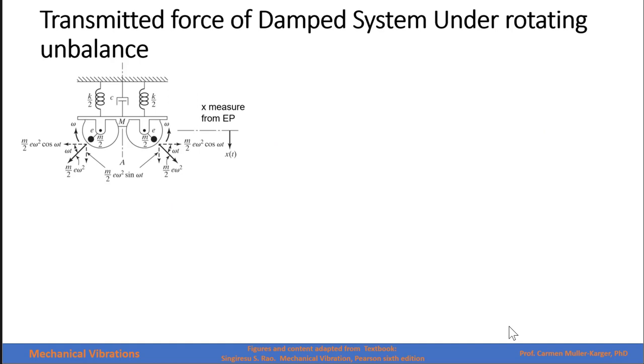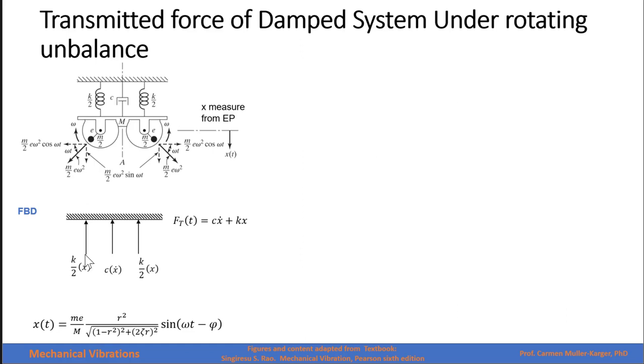If this frequency happens to be similar to the natural frequency of that system, the response will be very large. Now, if we want to calculate the transmitted force of this damped system under rotating unbalance, we will do the free body diagram of our base. We will receive the forces of the springs and the forces of the damper, so the force transmitted to the base will be c times the velocity plus k times x. And remember that we already found x, which is the response of the system.